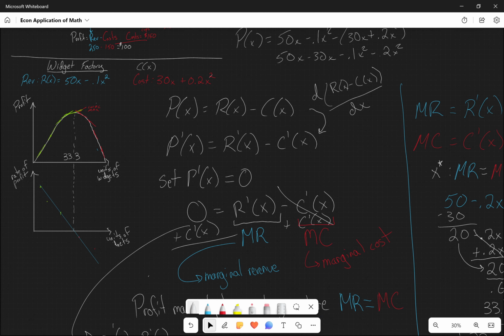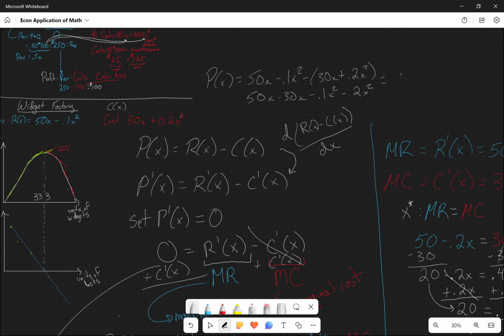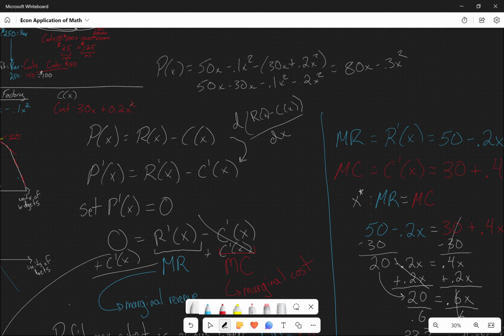So this whole thing is going to be 20x minus 0.3x squared. Thank you, 20x. And so now we're going to evaluate this profit function at 32. We'll evaluate it at 33, and then at 34, just to make sure that it is indeed the amount that's giving us the highest profits, right?